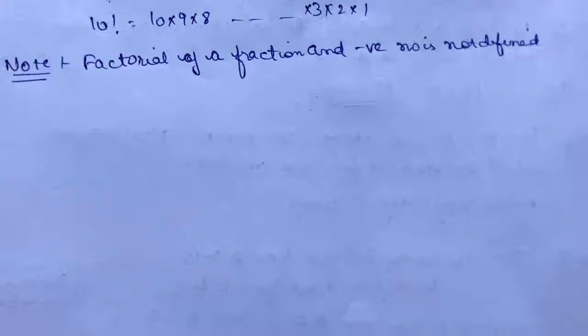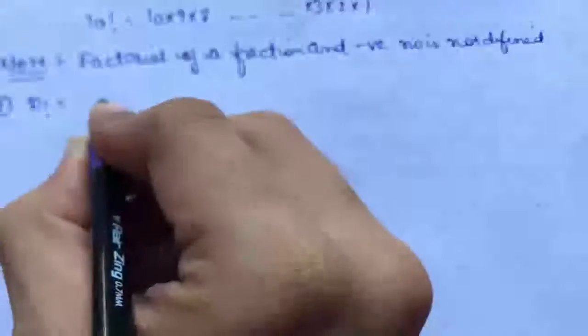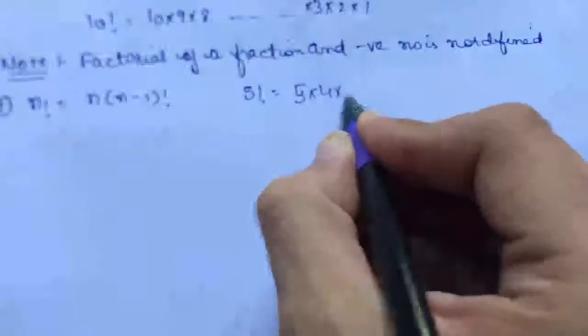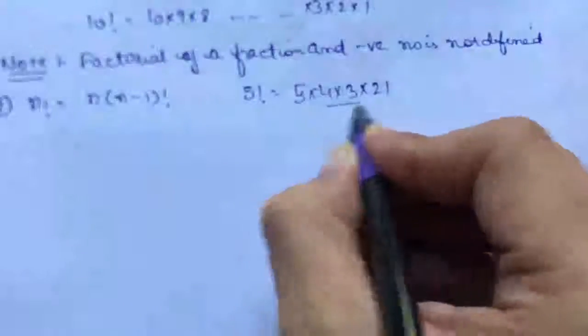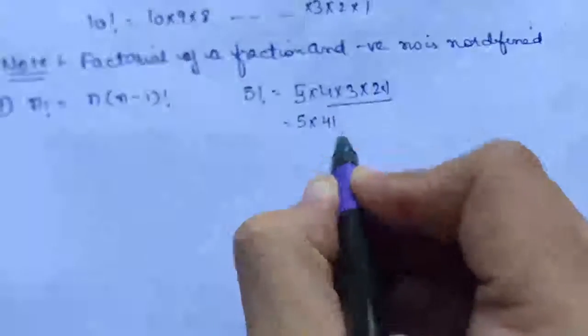So here are some properties, or you can say different points that you need to remember for factorial notation. First point is n factorial will be equal to n into n minus 1 factorial. For example, 5 factorial is 5 into 4 into 3 into 2 into 1, and 4 into 3 into 2 into 1 is 4 factorial. So this is 5 into 4 factorial.